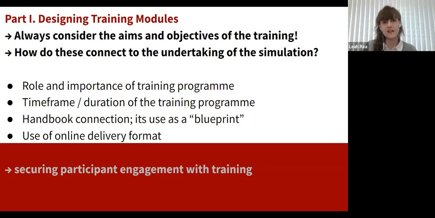It's much easier, and I would argue more effective, to have the online delivery format being understanding of participants' own university schedules and commitments, than requiring them to come to Padova for 2 weeks and then to leave and then to come back again for another 2 weeks.